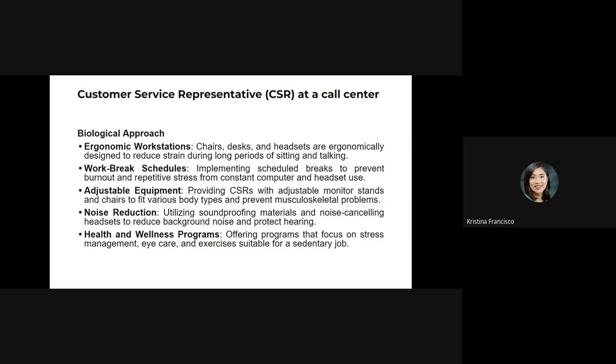So under ergonomic workstation are the chairs, desks, and headsets ergonomically designed to reduce strain during long periods of sitting and talking. Do they have work break schedule, adjustable equipment, noise reduction, and many other more.